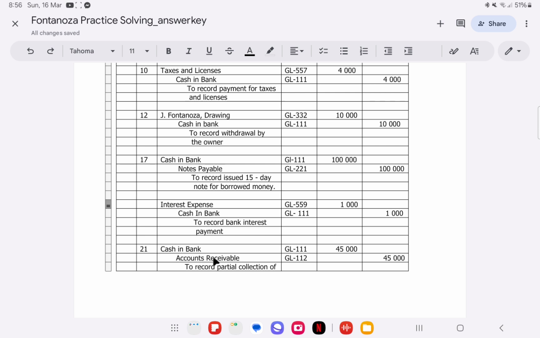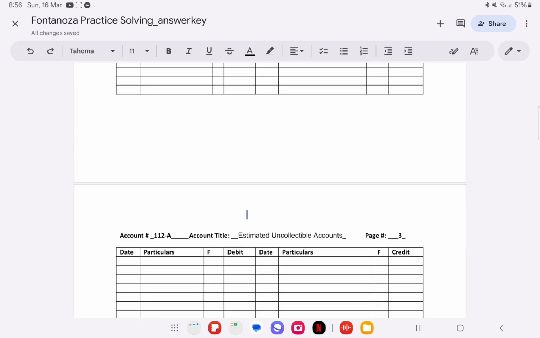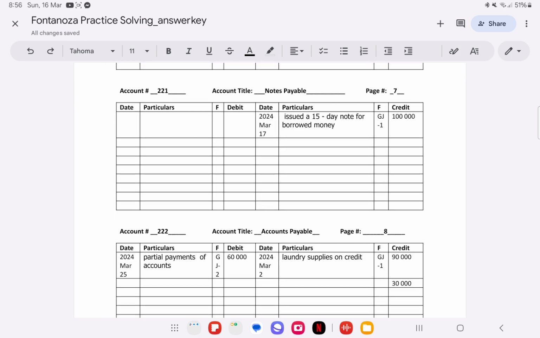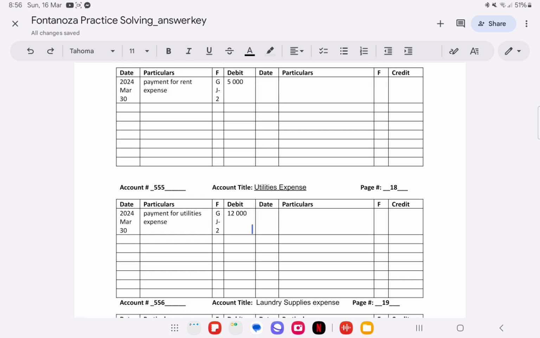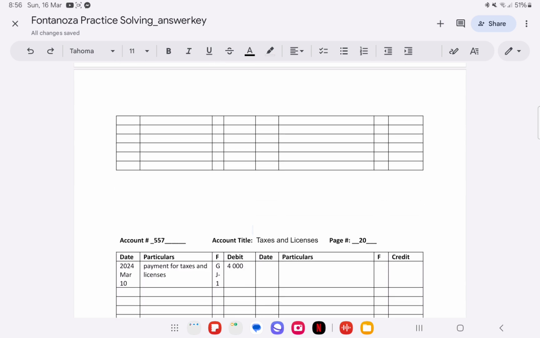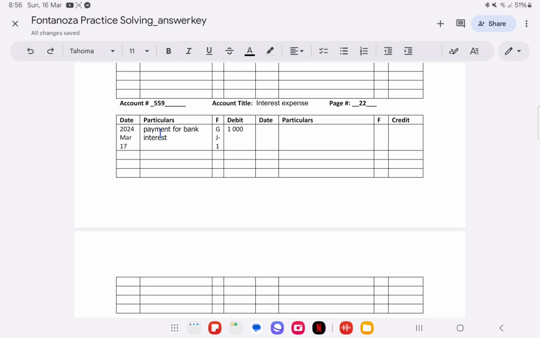There was an interest charge in the bank amounting to 1,000. Okay, so interest expense, under the expenses accounting title, we have interest expense 2024 March 17, payment for bank interest GG1 1,000.